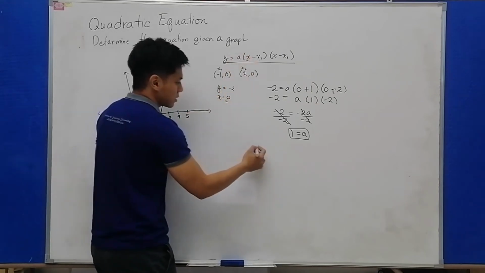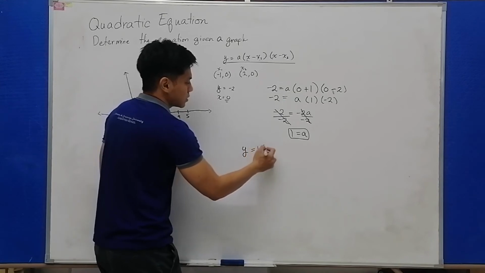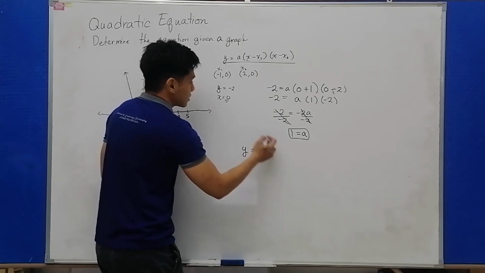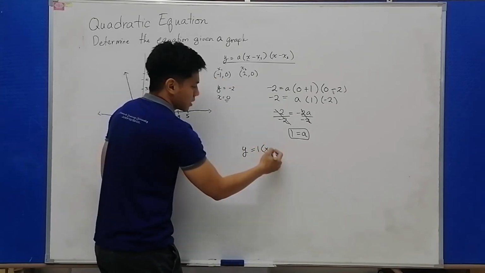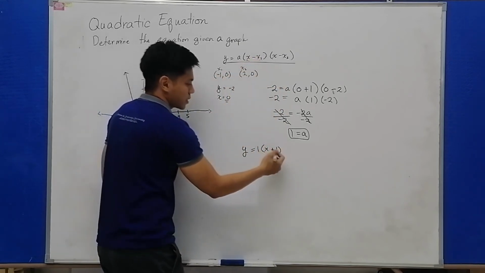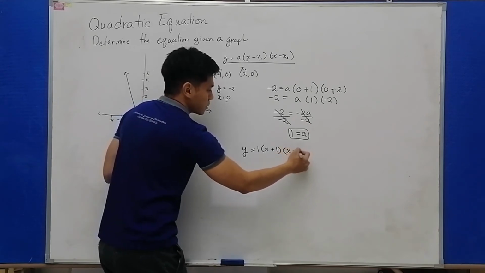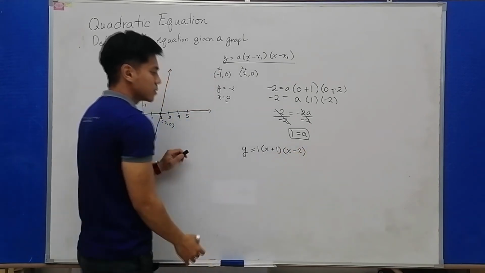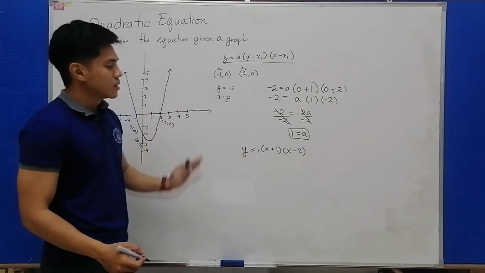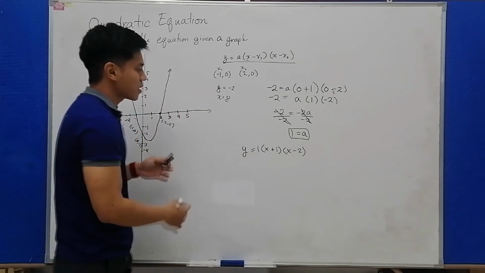We can now write it out. y is equal to 1 times (x plus 1), because negative times negative is now plus 1, and then we have (x minus 2). So we have this equation. We just have to perform the FOIL method again to get our standard form.